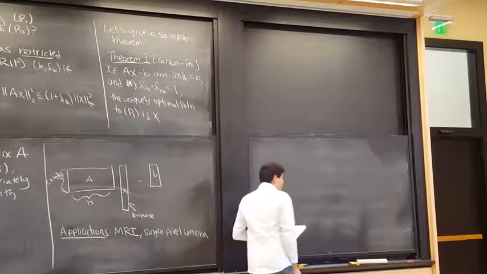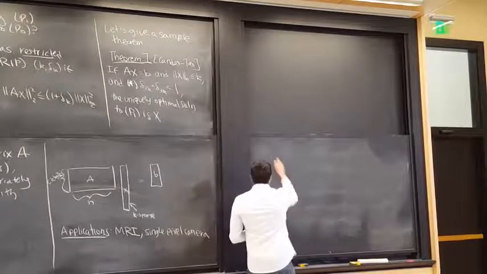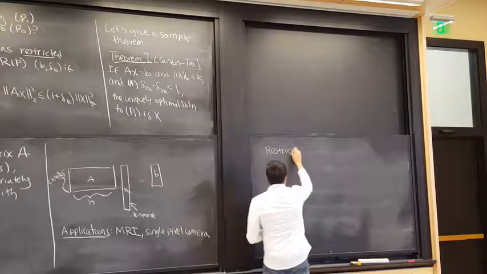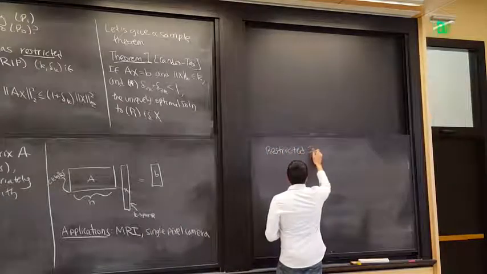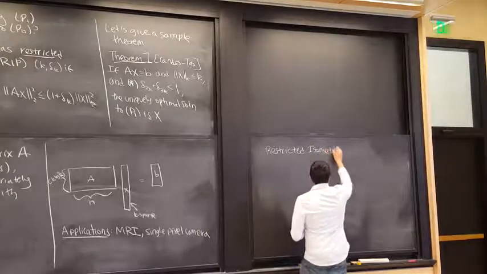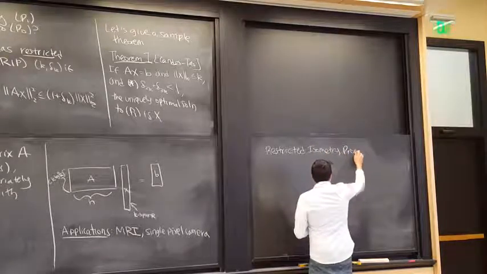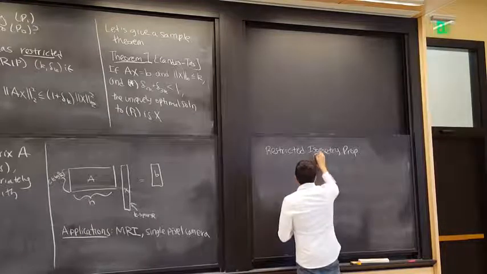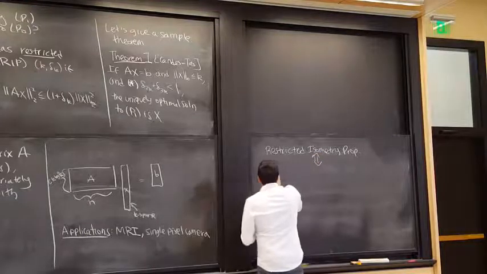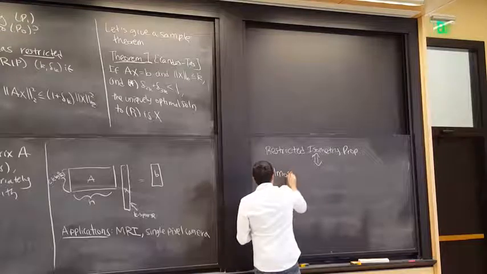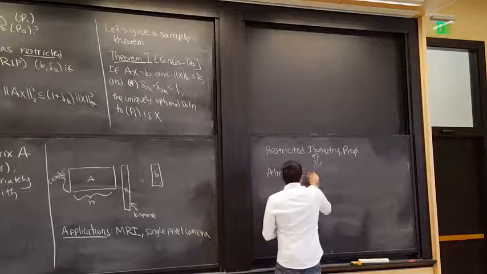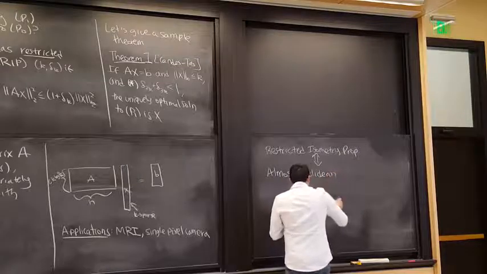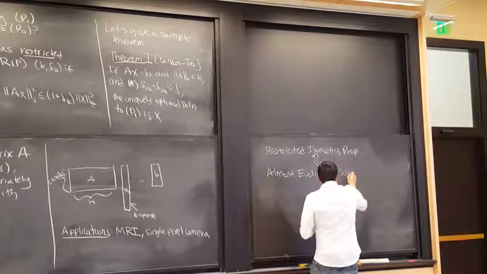All right, so I want to get to the technical meat, which is to make this transition from the restricted isometry property to something called almost Euclidean subspaces. We'll be able to get the same types of statements using almost Euclidean subspaces.